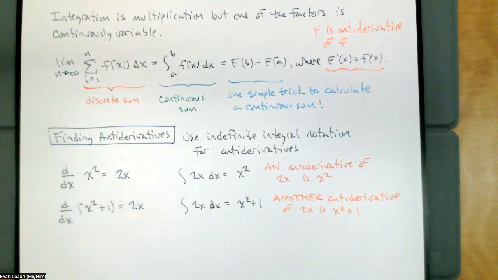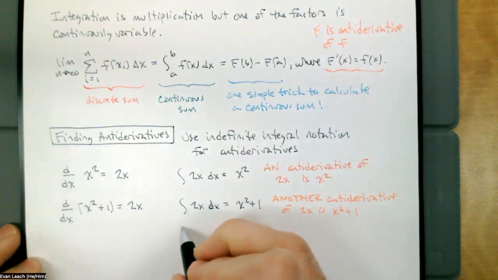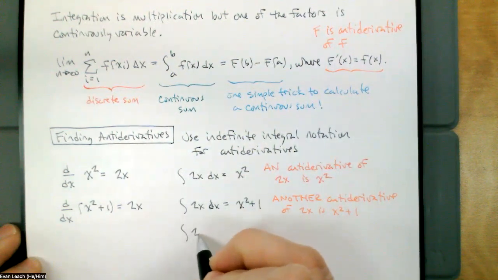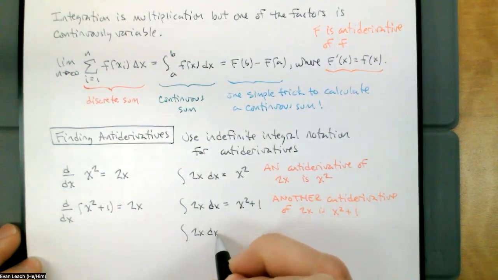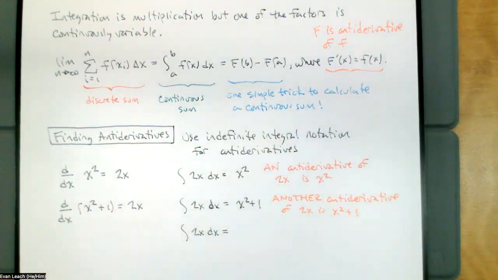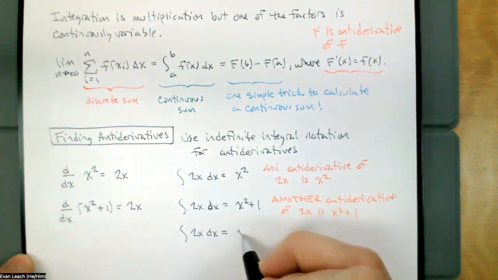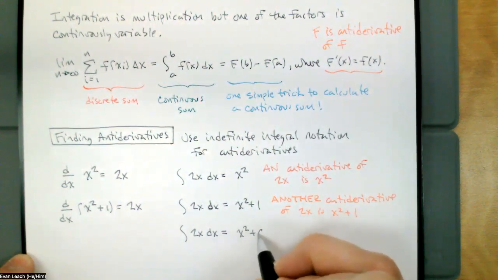So what we're going to say, and I heard most of you thinking this before, is we're just going to put a plus c. When we're finding antiderivatives, we're going to write the general antiderivative. We're going to say it's x squared plus c.